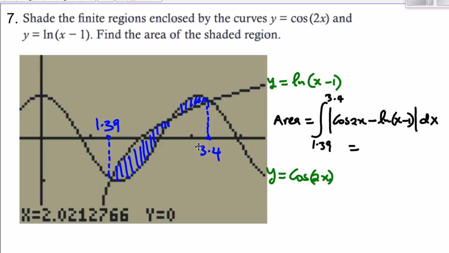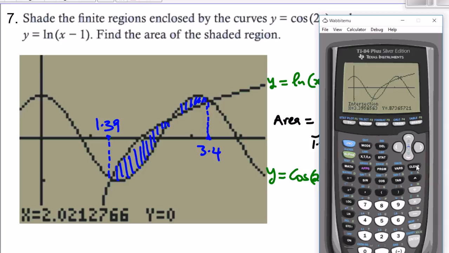So let's do it. The calculator. This time I'll just go to, let me quit that. Alpha window.